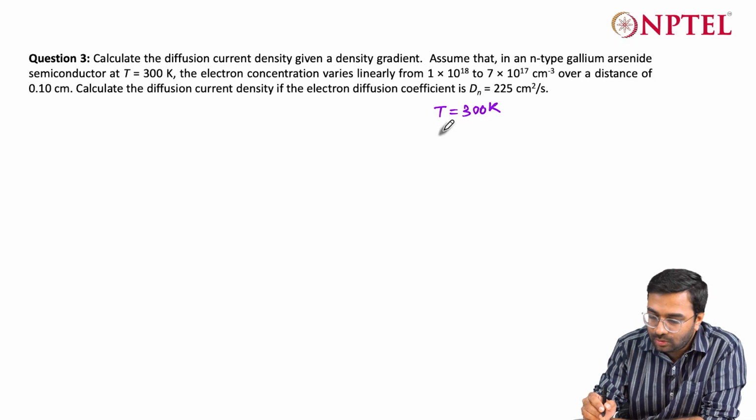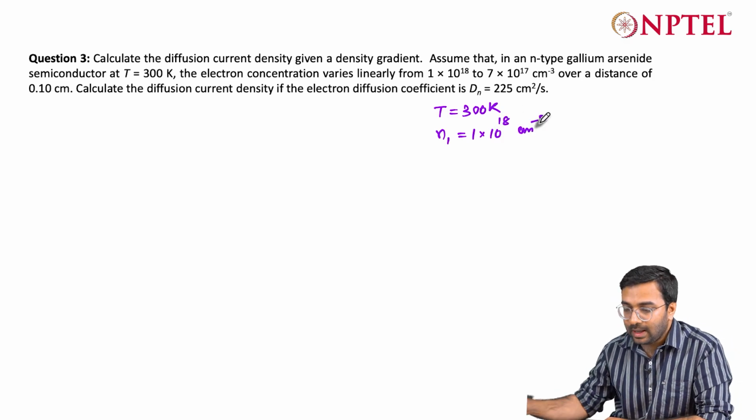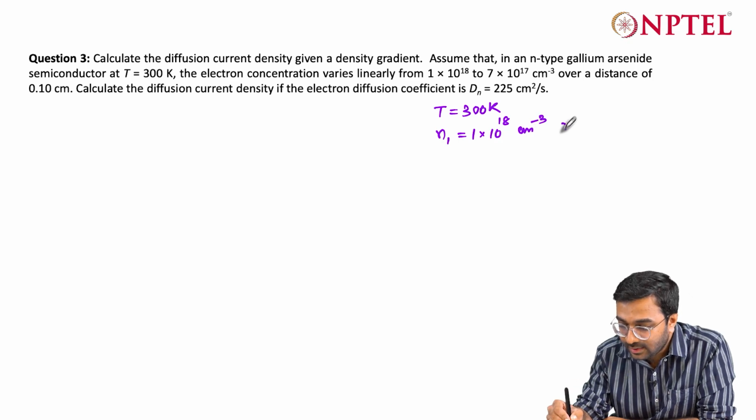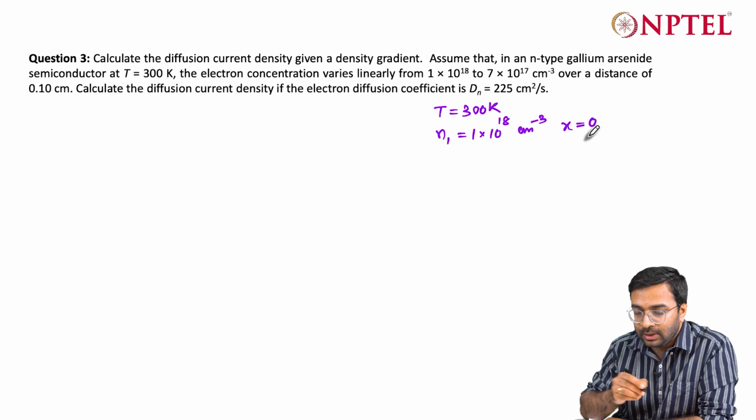Electron concentration N1 is 1 into 10 to the power 18 per centimeter cube for x equal to 0.